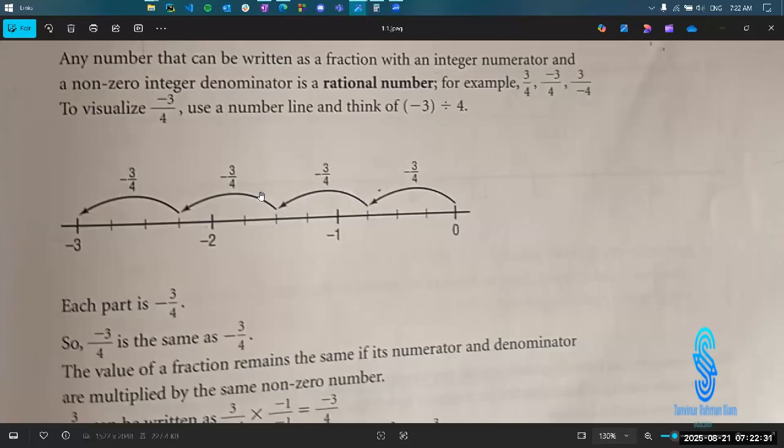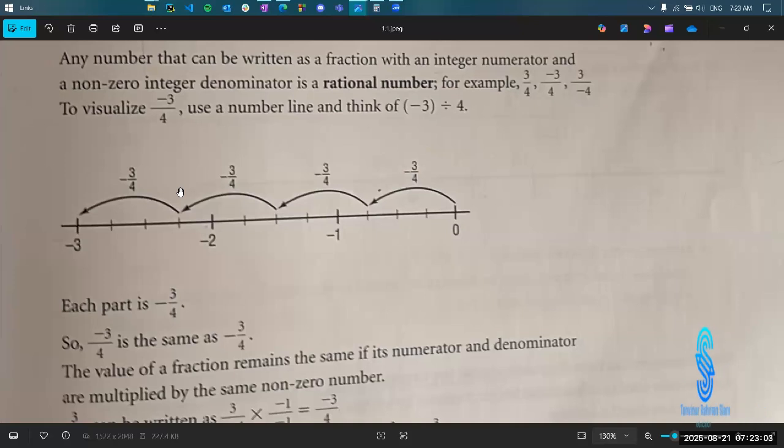Minus 3 divided by 4 is 3/4 of a unit to the left of 0. We know quarters and halves.